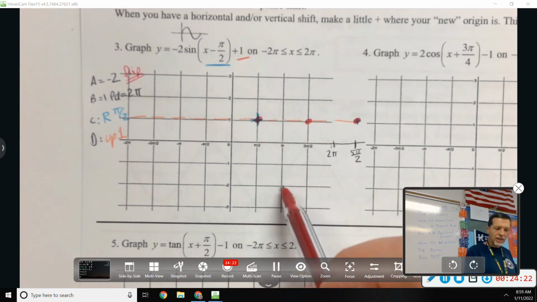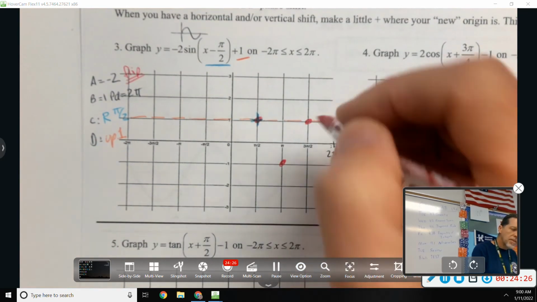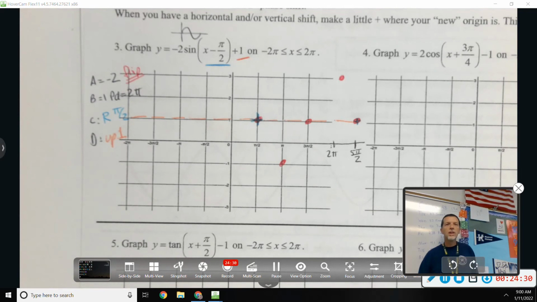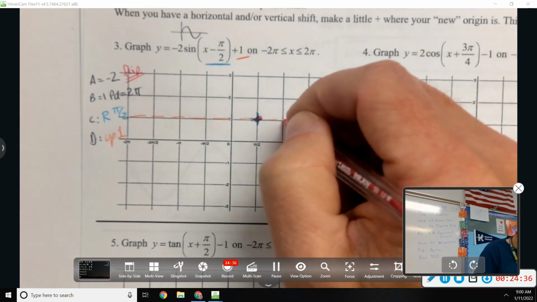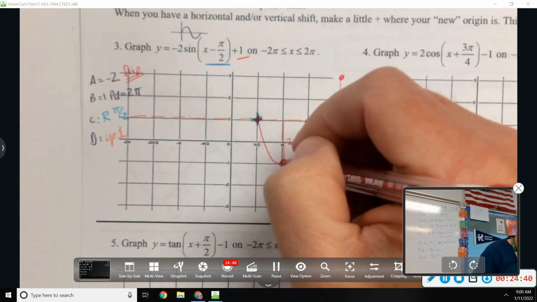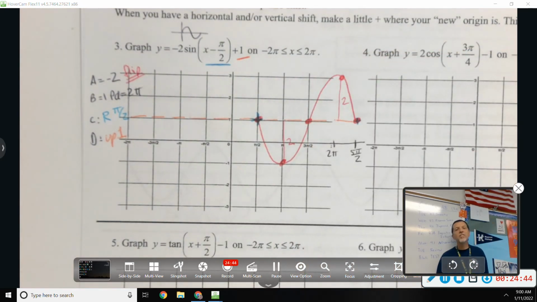So don't go down to -2, I'm going down 2. And then on the other side, up 2, because amplitude is measured from the midline. So you have to go straight down. So there's one cycle of the graph.